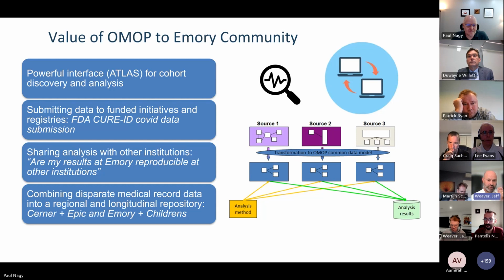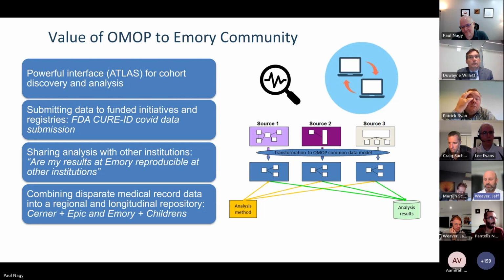I wanted to point out the last one here, which I think really got excitement with a lot of people. Not only did we want to make sure we integrated our Cerner data with our Epic data, but we also had a lot of partners. We have a lot of our Emory faculty that work in Children's Healthcare of Atlanta. They work in our safety net hospital, Grady.